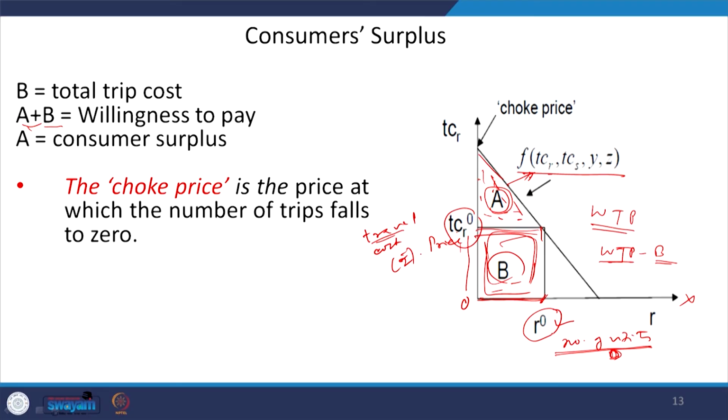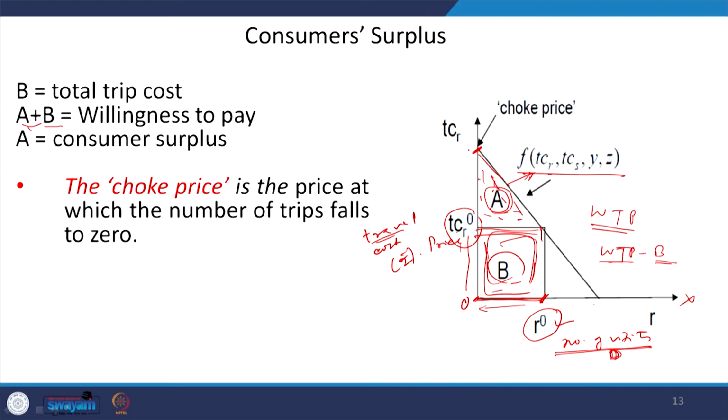Now, you can understand what the choke price is here. So, what is the choke price? It is the price at which the number of trips will be reduced to 0. We are talking about this R0 number of trips. When this R0 number of trips is reduced to 0, if the price per visit is this much, then at this price TCR, your number of visits would be reduced to 0.